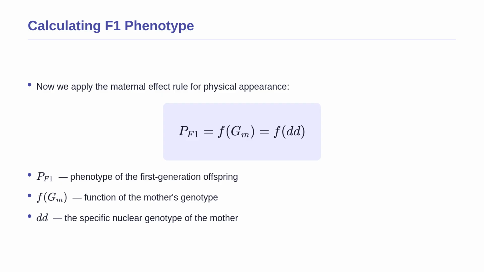PF1 represents the phenotype of the first-generation offspring. The function f of GM reminds us that this phenotype is a direct output of the mother's genotype. We substitute the mother's actual genotype, which is lowercase dd, into the function to find our answer.